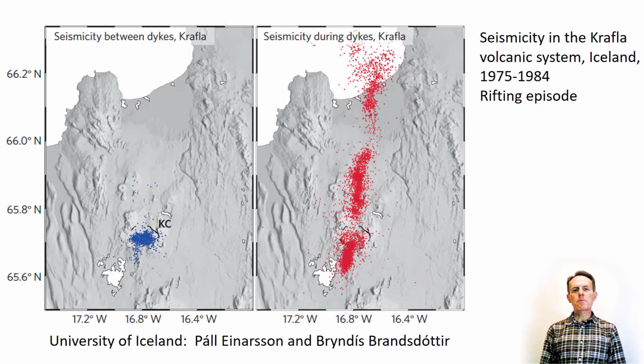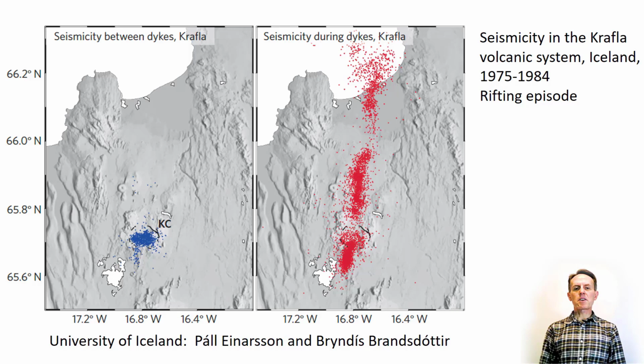An example of a map of seismicity, or more specifically, the distribution of earthquake epicenters, is shown in this figure. The map shows located earthquakes in the Krafla volcanic system in North Iceland in the time period from 1975 to 1984, when a rifting episode occurred. The volcanic systems of Iceland typically consist of a central volcano with a caldera and a transecting fissure swarm.